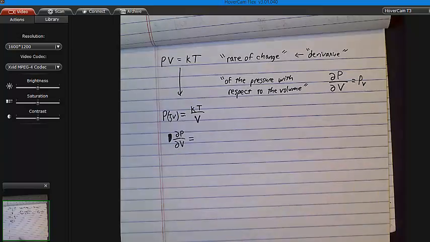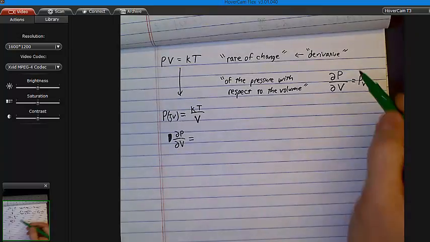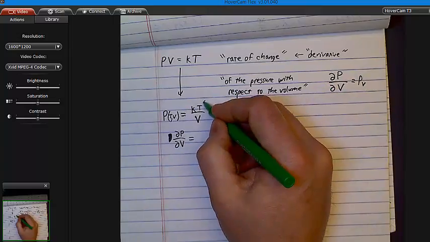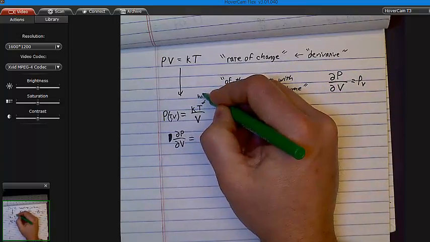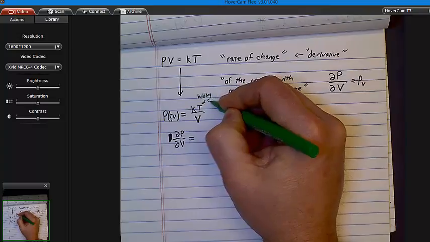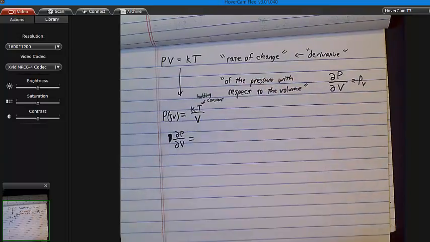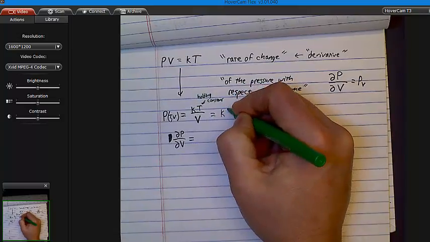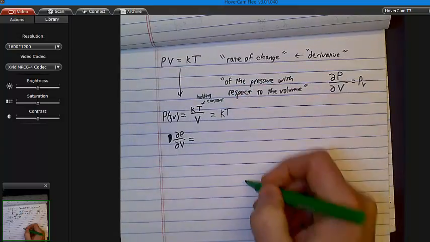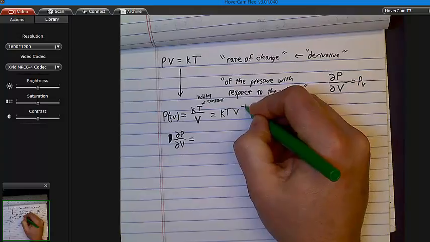Oh, wait a minute. I think the easy way to do this is to remember that T, we are holding constant. So if we're holding the temperature constant, maybe I should just think of KT as a constant times V to the negative first power.